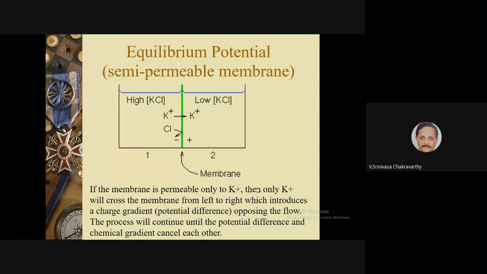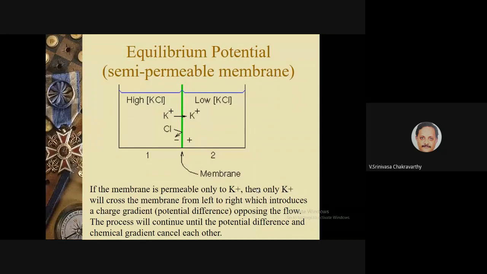Then what happens? Potassium has high concentration on the left side, so it will flow from left to right. Chloride would also like to flow, but it cannot because the membrane is not permeable to chloride. If you assume such a membrane, this is what you would see.